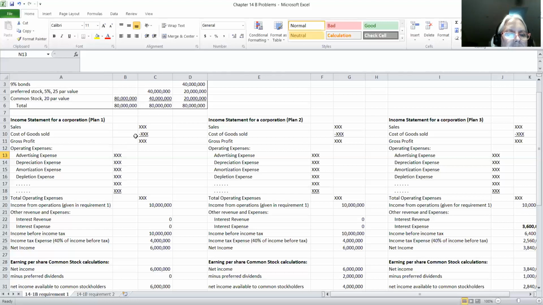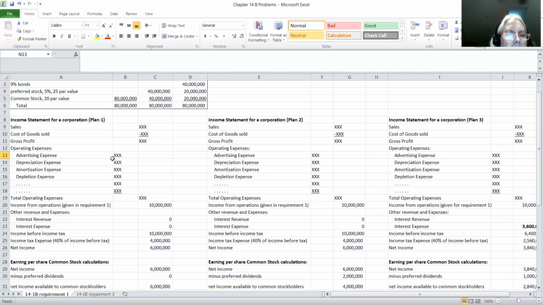That's why we list these first. Once you know what your sales are and your cost of goods sold is, you will subtract the cost of goods sold from the sales, and that will give you a gross profit for your company. The gross profit is the profit that you have available to cover your operating expenses.